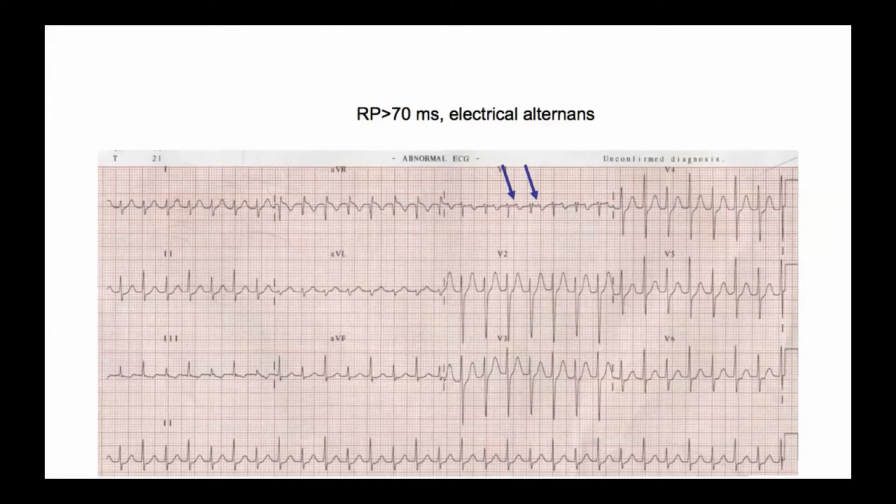Yes, in one of them there is one, and in the second beat there is a pseudo R wave, or the third one. This is a retrograde P wave. What do you think about this arrow here? This is mostly a P wave. Yes, it is a P wave. It is a long RP arrhythmia. No problem. We will go through all of this, the RP definition, long or short.